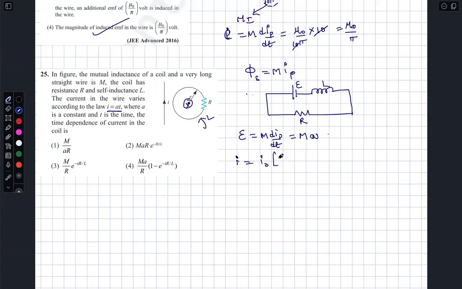I is equal to I naught into 1 minus e to the power of minus t by tau. So I is, maximum current is M into A by resistance, into 1 minus e to the power of minus t by tau. By the way, what is tau? L by R. Yes, boys and girls, do you have any doubt in this?